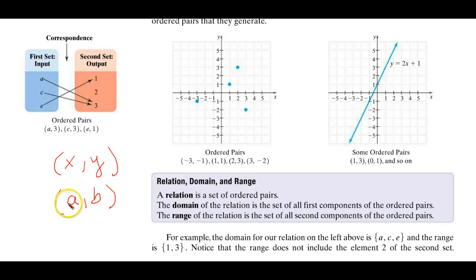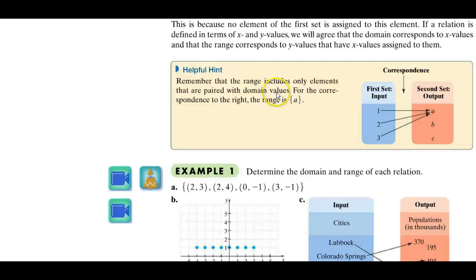So whatever's in that first element position, that is the domain. And in the second element position, that is the range. So again, looking at correspondence or relation, first element, 1, 2, 3, they're only used once. So this would represent a function.